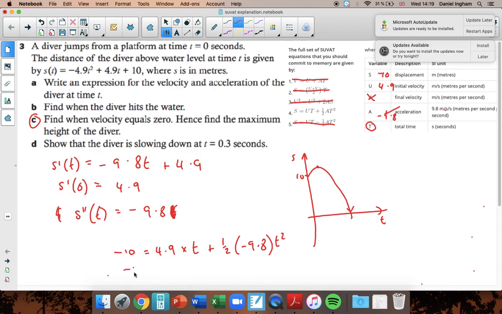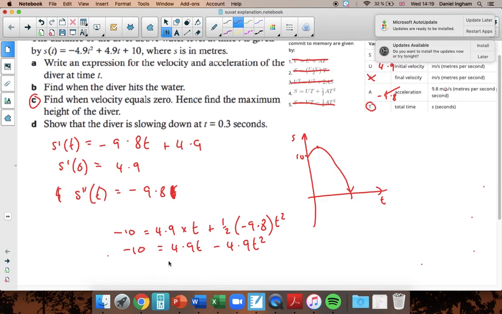Now if we simplify that, negative 10 is 4.9 t minus 4.9 t squared, and if I then basically add the t to the other side, I've got negative 4.9 t squared plus 4.9 t plus 10 equals 0.